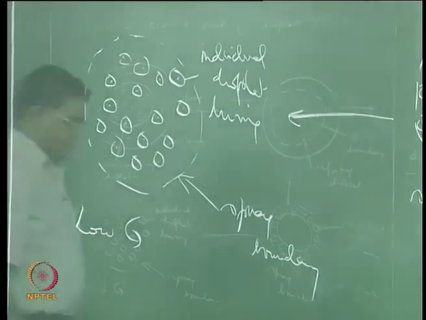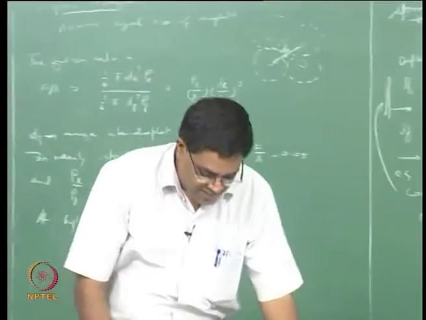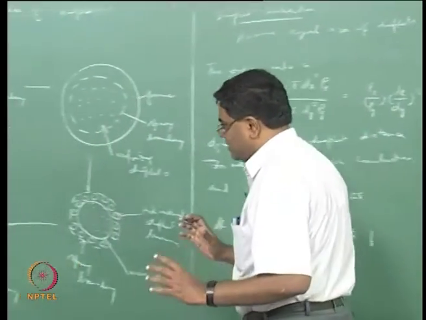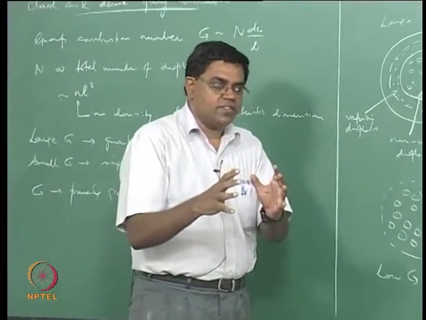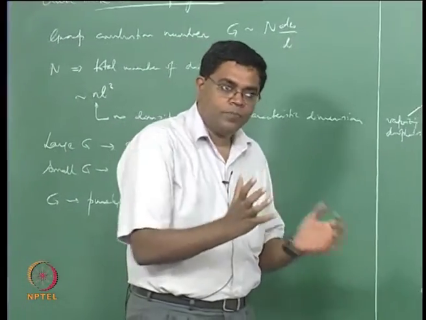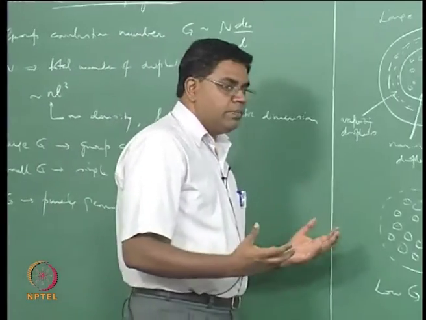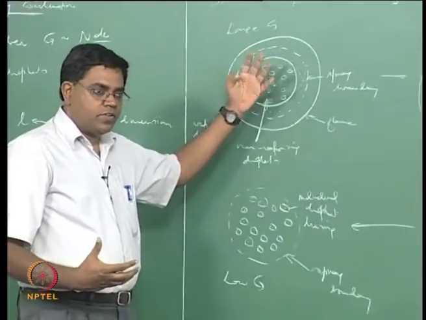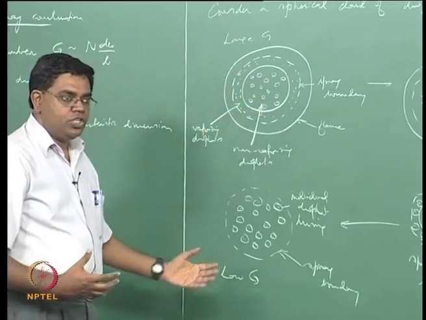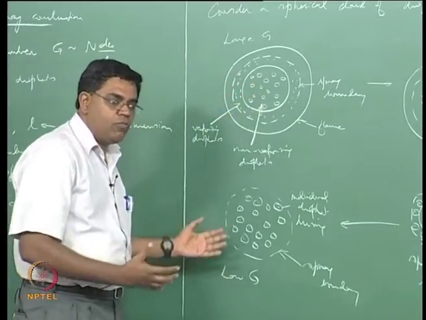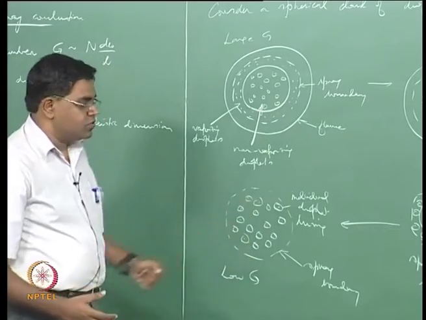The question is what happens. So this is as if like you had these droplets kind of put together in isolation as if they were not part of a flow, right, and then we were beginning to play with the G. So if there is a high G, then there is more group interaction. When there is low G, there is less group interaction, you have more individual droplet burning, and so on.